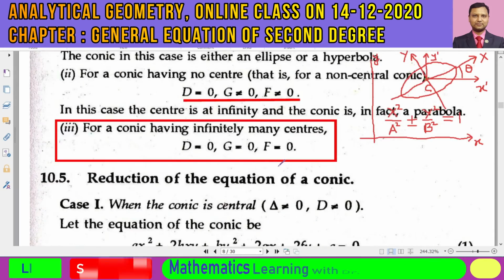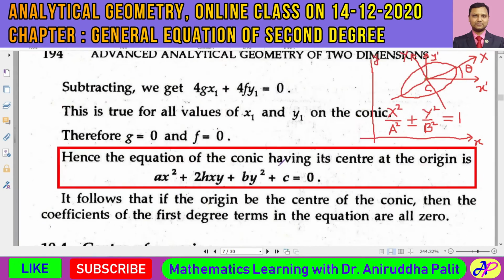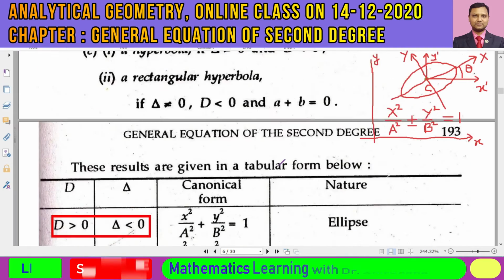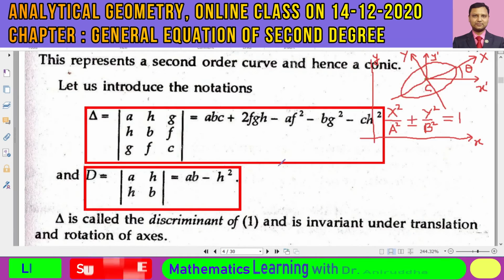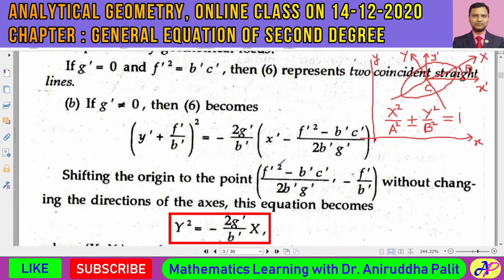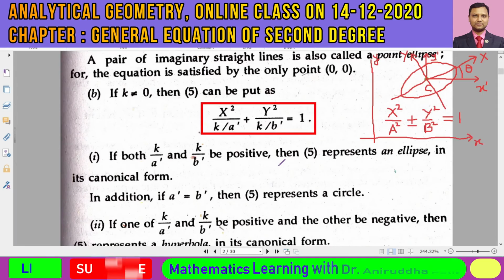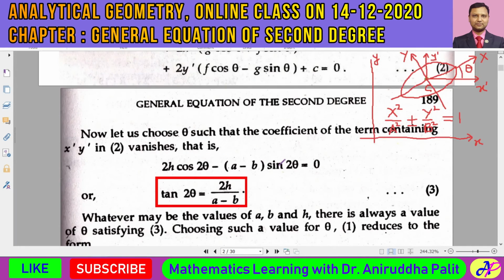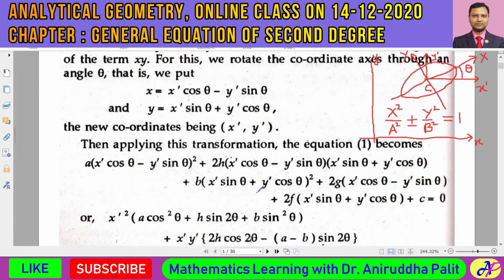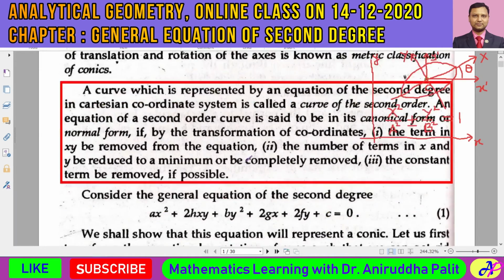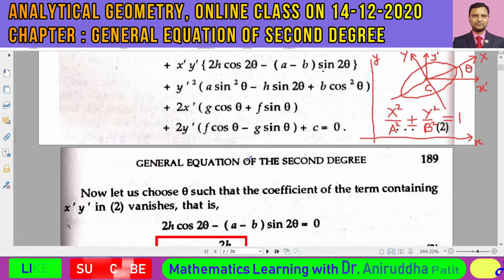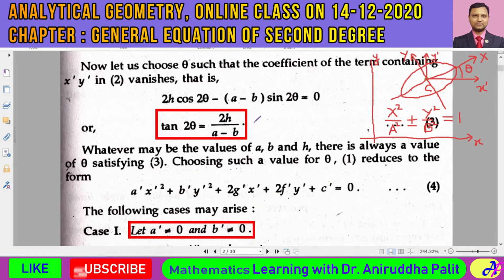Probably let me show you where it has been discussed. Let me show you in the previous computations already, over here, hopefully. Yeah, over here. This is page number 189 in this metric classification of conic. I proved that tan twice theta is equal to twice h by a minus b.